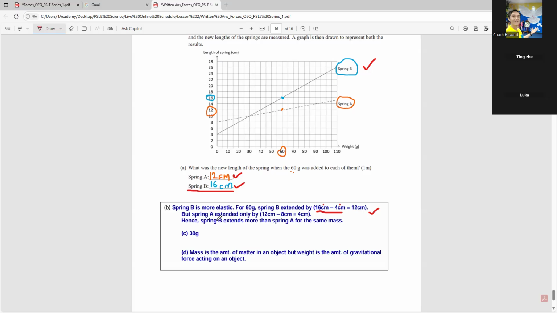Then for the same mass, you can see spring A extend only by 12 minus how many? 8. Because the original length for spring A was 8 centimeters. So you can see very clearly that actually for the same mass, 60 gram, spring B extended more. How much more? 12 minus 4, 8 centimeters more. So that's why spring B is more elastic.